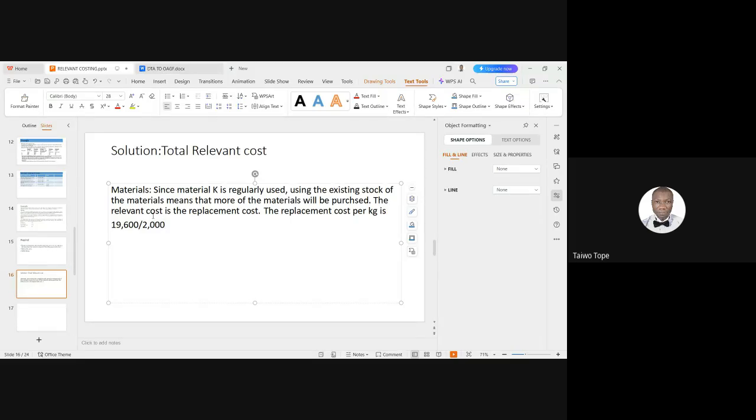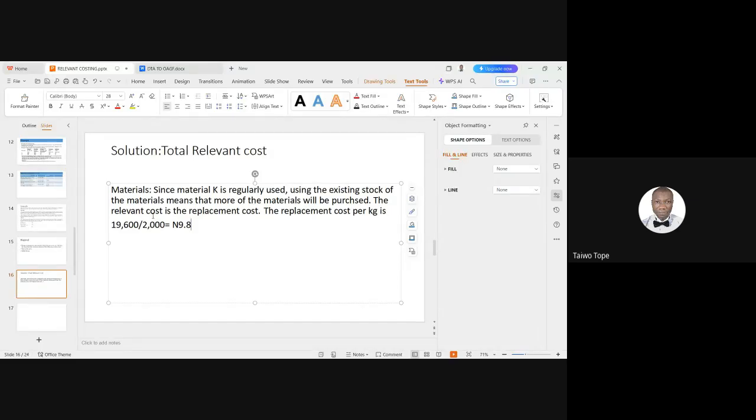When you do that, you're going to have 9.8 naira. Yes, the replacement cost: 19,600 divided by 2,000 is 9.8.